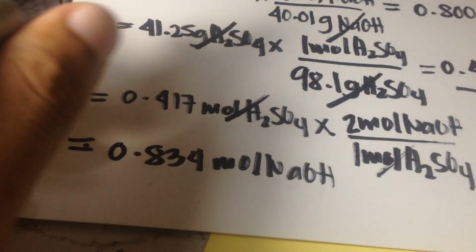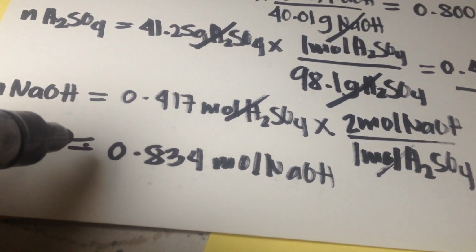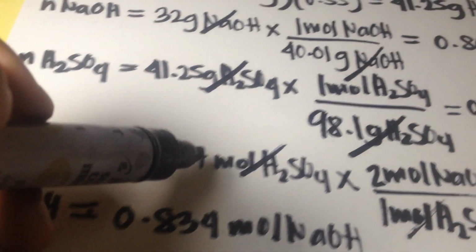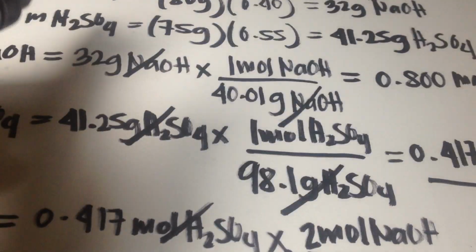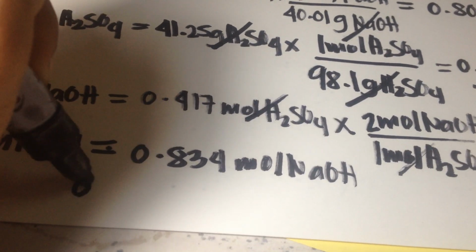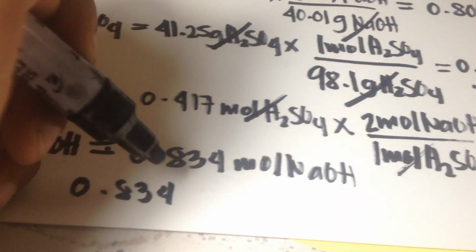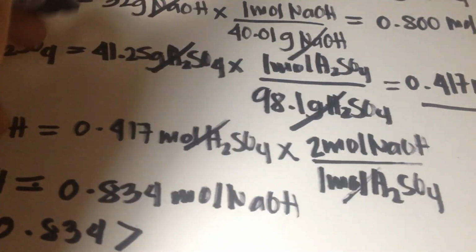So make sure the new moles of NaOH is greater than the old moles of NaOH. 0.834 is greater than 0.800.